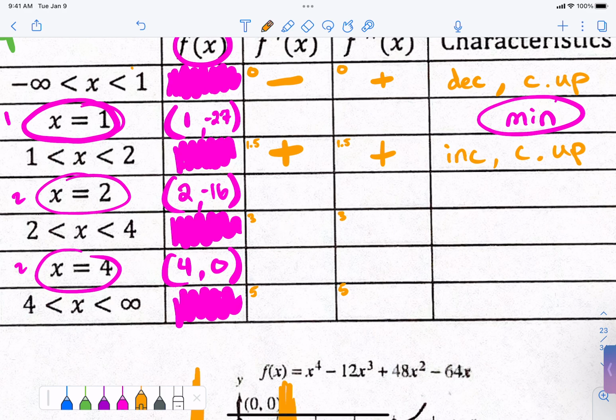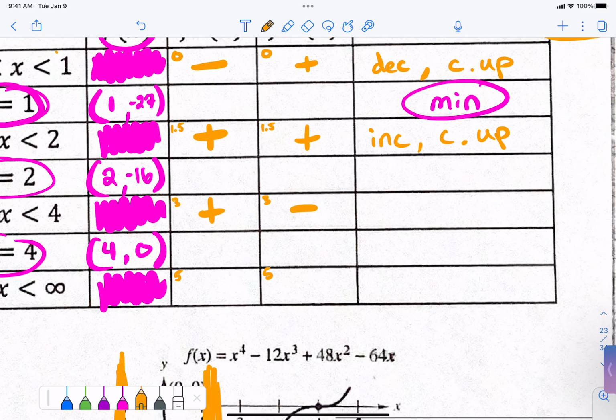If I plug 3 into the second derivative, you think it's going to be plus? It's gotta be minus. It's a possible POI, so it would only make sense to be switching concavity if it's a POI.